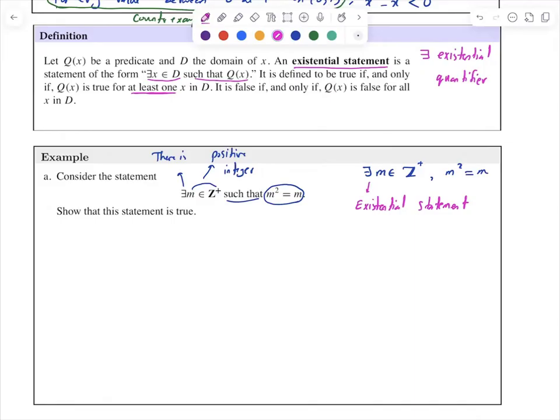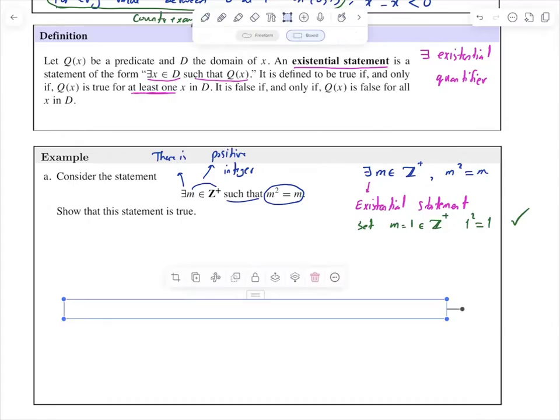We're looking for a value that makes this statement a true statement. Let's set m to be 1. m belongs to the domain and 1 squared is equal to 1. So we found a specific value that makes this a true statement. Let me give you another example. This is part A.